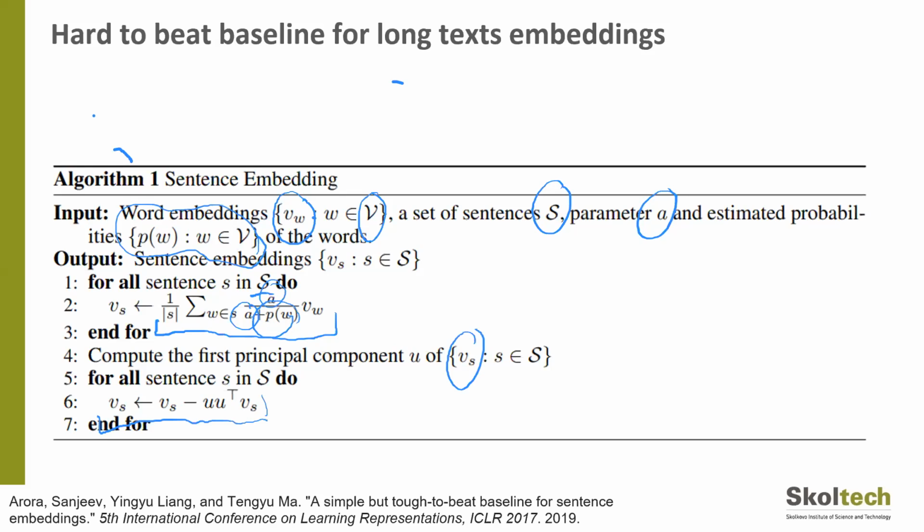Then we can try to use it for some downstream tasks, and it works like a charm according to the authors of this article. But from what I have tried, it can work quite well in many different settings.